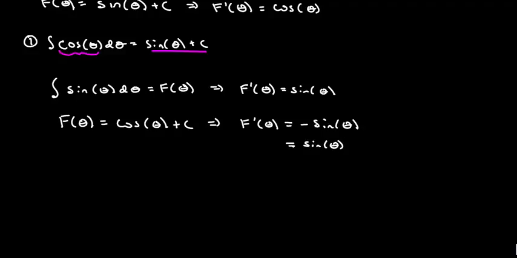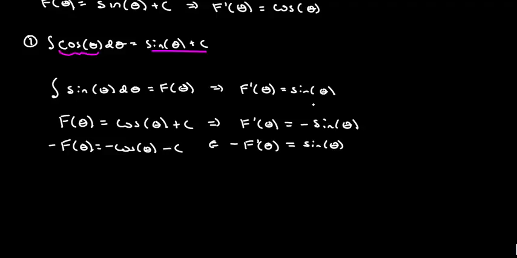Since we want it to be equal to sine theta, we'll just multiply both sides by negative 1. So if we do that, then working backward, we get that this should be equal to negative f of theta, which would be equal to negative cosine theta minus c, but it's really irrelevant whether we add c or subtract c, because c could be positive or negative. It's just a constant.